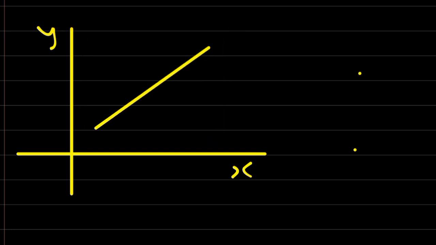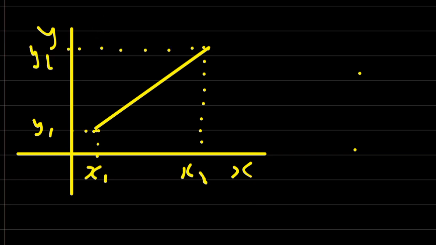Take for instance, we have a line and the coordinate of this first part of the line, let's say it is x1 and then y1. And here is x2, y2.